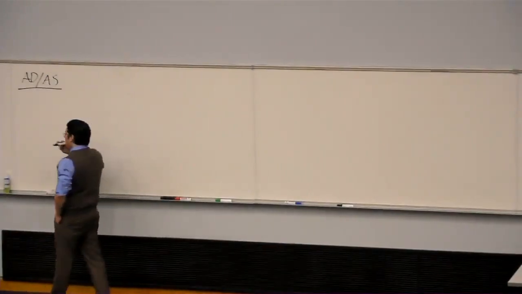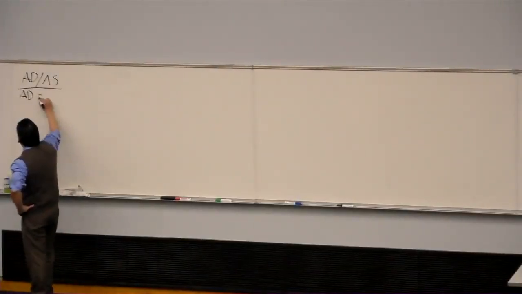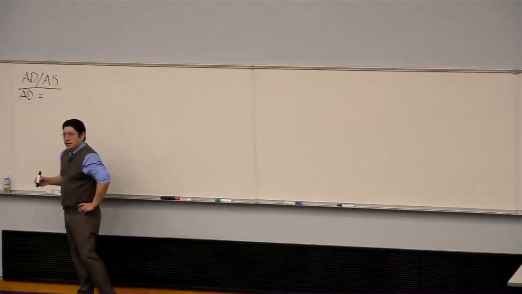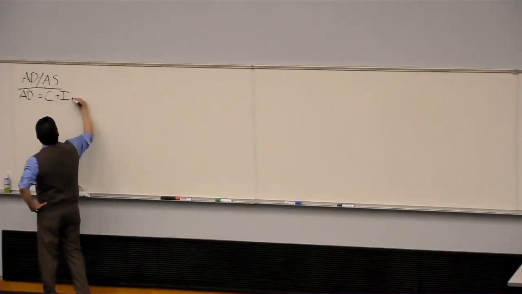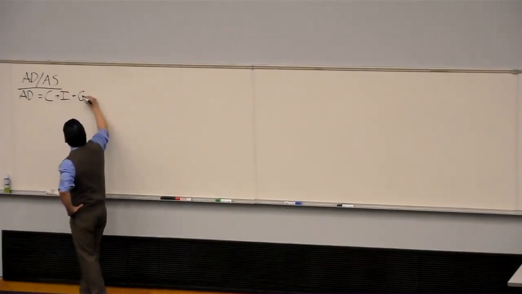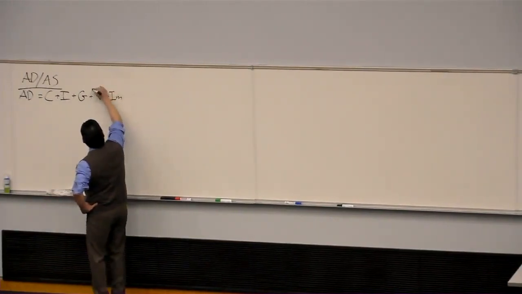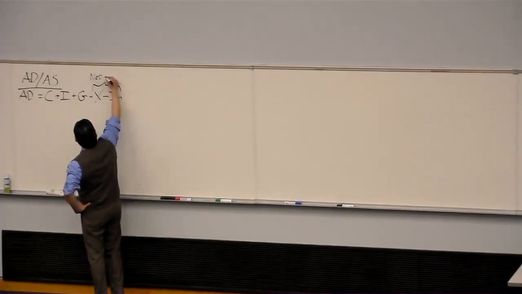Now we're working our way through our discussion of aggregate demand. And the way we're doing that is by breaking aggregate demand into parts: consumption, investment, government spending, and exports minus imports, also known, of course, as net exports.